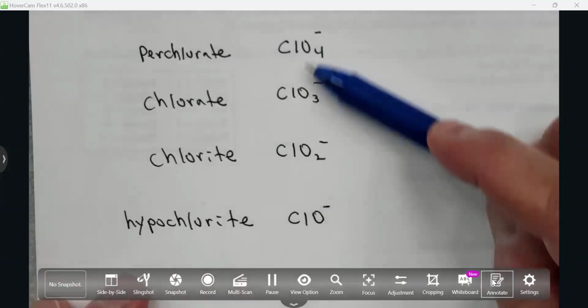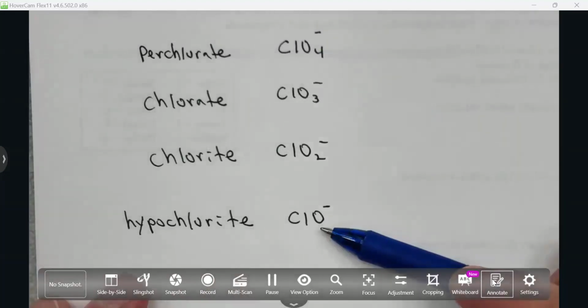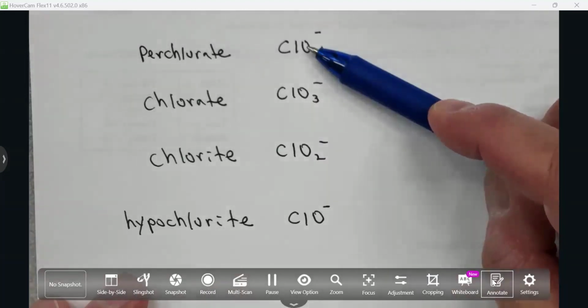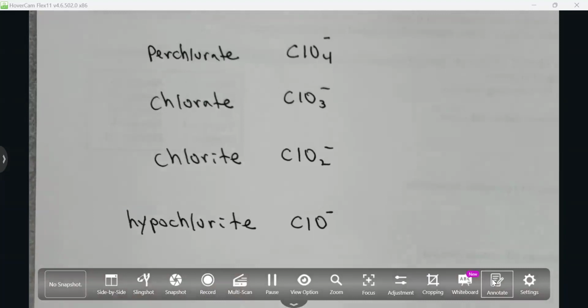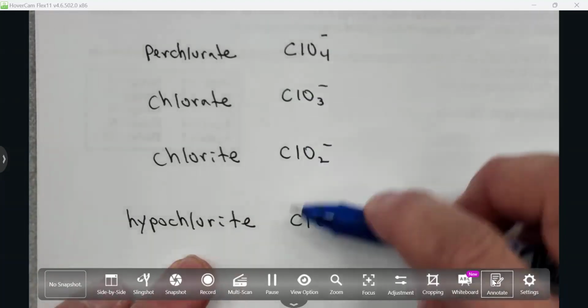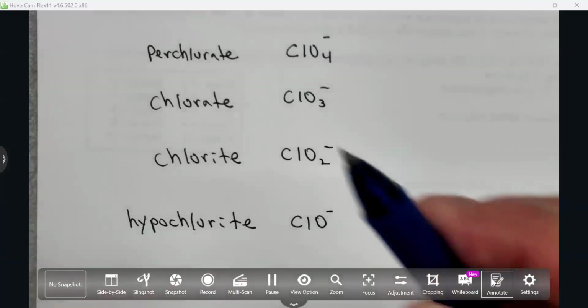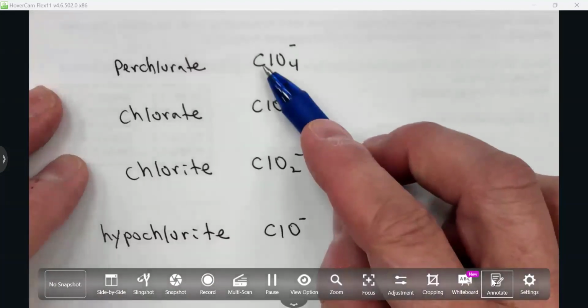What's the charge of my oxides in all of these? Because oxide doesn't change. Oxide's always -2, yes? -2. What's different in all of these is the charge on the chlorines. But they stay together. What's the charge of this chlorine?